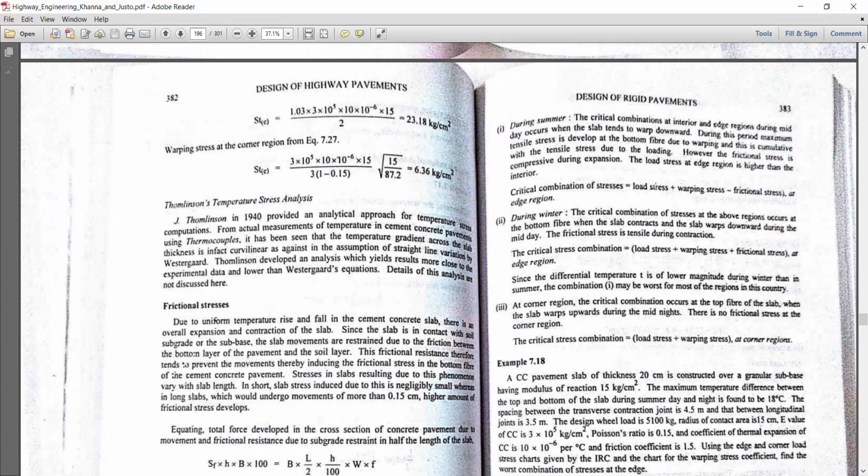Because of contraction, there will be less friction between the slab and the bottom layer. Hence we consider addition of frictional stress. And in the corner region, no need of consideration of friction, because the maximum load is applied at the interior and the edge portion. Hence we take the critical stress combination as load stress plus warping stress.